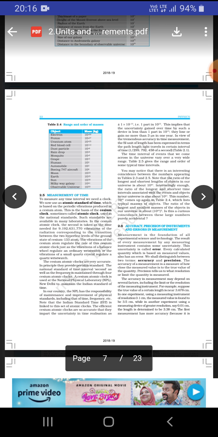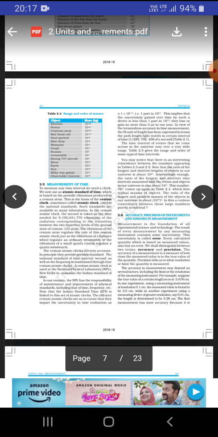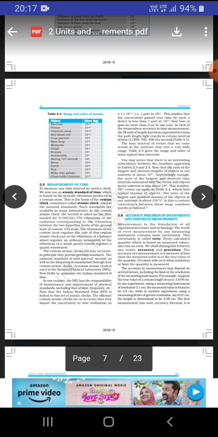In one experiment, using a measuring instrument of resolution 0.1 centimeter, the measured value is found to be 3.5 meters. In another experiment, using an instrument of resolution 0.01, the length we get is 3.38.